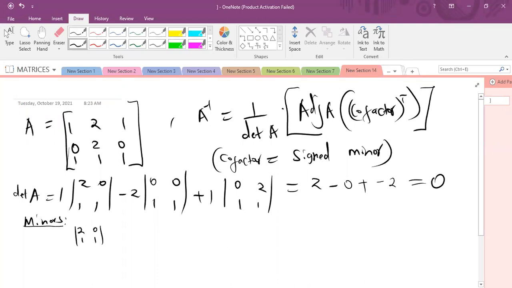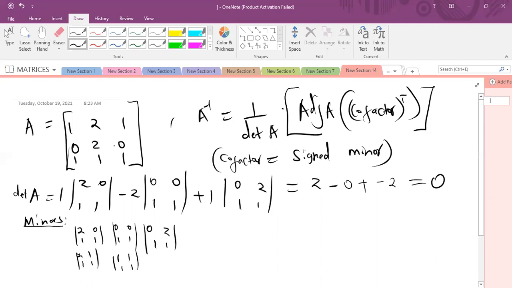Delete the row and column in which 2 lies. I will remain with the matrix 0, 0, 1, 1. Delete the row and column in which 1 lies. I will remain with the matrix 0, 2, 1, 1. Delete the row and column in which this 0 lies. I will remain with the matrix 2, 1, 1, 1. Delete the row and column in which this 2 lies. I will remain with the matrix 1, 1, 1, 1.